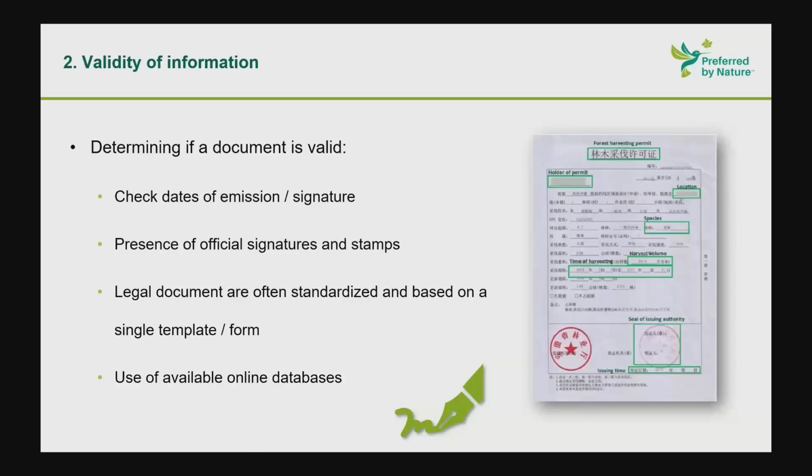Sometimes you also have online databases on which you can cross-check the validity of documents. You can input a reference number and the system will tell you what the official document was, and you can compare. It's not the case for every document, but just be aware that it is the case for some documents. For instance, in China, you can check VAT invoices against an official database. That's just an example.